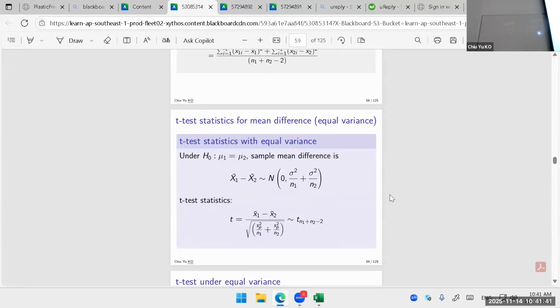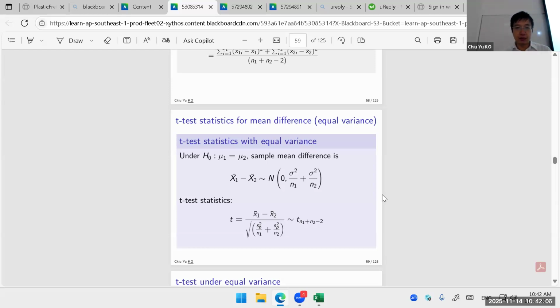You do a t-test. But if you have more than two groups, say 3 groups or 4 groups, and you want to say whether these 3 groups have the same mean or not, then we use ANOVA. So ANOVA is a special case of hypothesis testing, right? Because it's testing whether the means of different groups are the same or not.